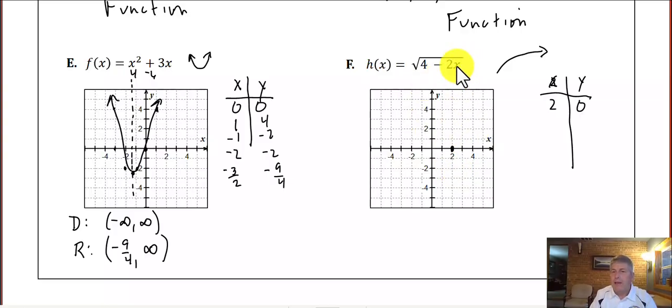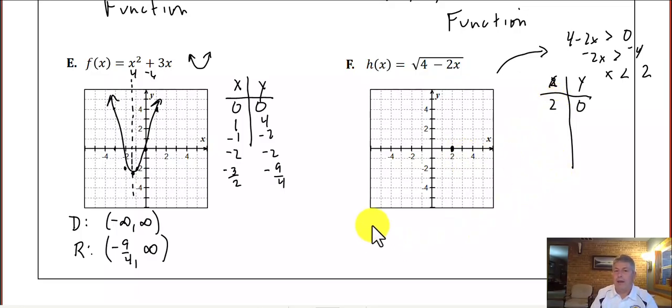And really, I can't do an x value of greater than 2. If we look at this, 4 minus 2x has got to be greater than or equal to 0, which means negative 2x has got to be greater than or equal to negative 4. So x has got to be less than or equal to 2. So this is the maximum x value that we can have in our domain.